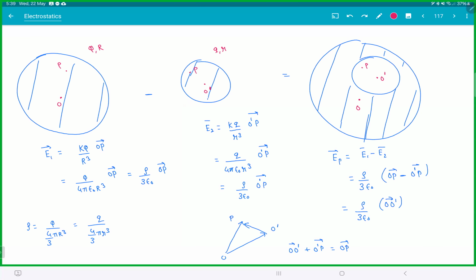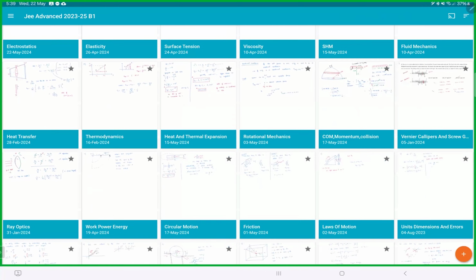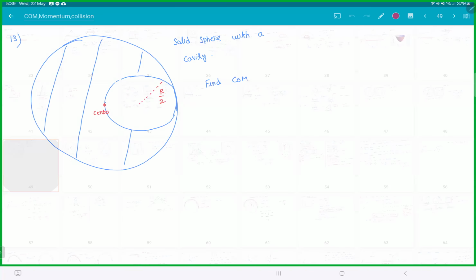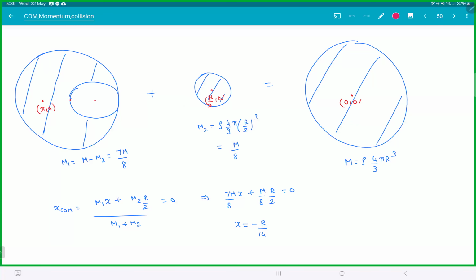See, this is what I was trying to teach you guys. It is not specific, this formula. The moment you hear that something has a cavity, this is the only technique that you know, isn't it? And this is not the first time. When we did center of mass for cavity problems, the logic was the same. Whenever you had a cavity, we added them to fill up this gap.